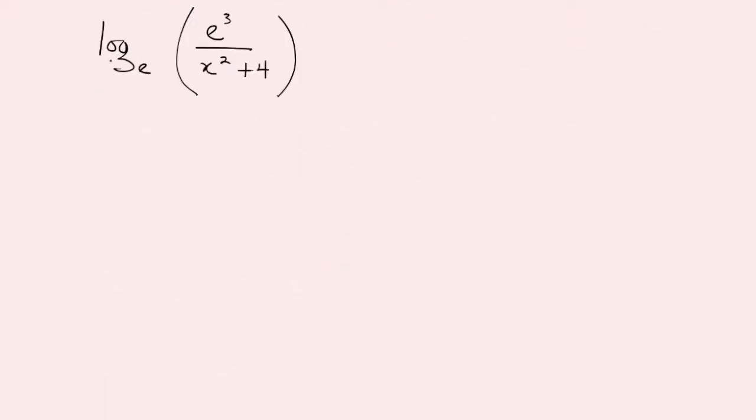The next question says log to the base e of e cubed over x squared plus 4. So if we expand this, we would have that log to the base e of e cubed minus log to the base e of x squared plus 4. Now don't let this confuse you.